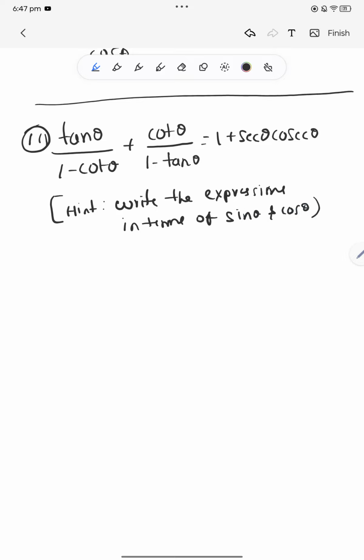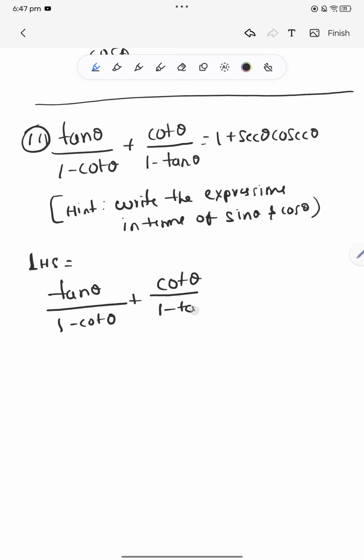So let us take LHS, left hand side. LHS is equal to tan theta divided by 1 minus cot theta plus cot theta divided by 1 minus tan theta.